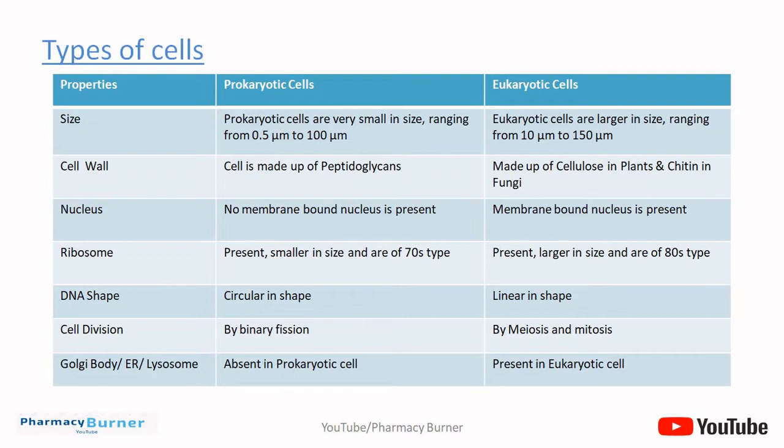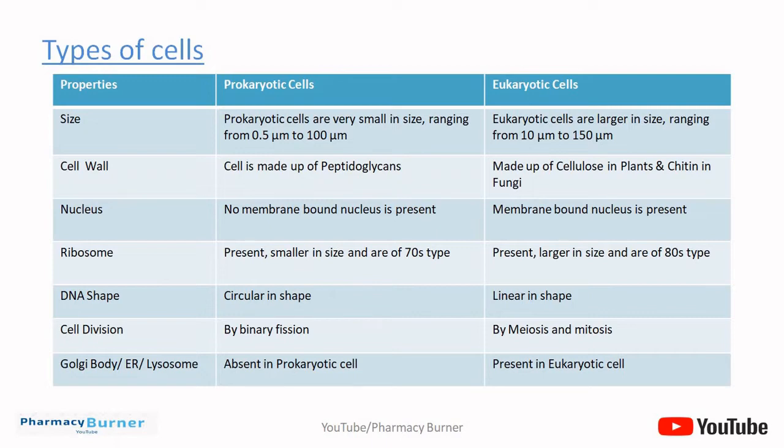Cell wall. The cell wall is made up of peptidoglycan in prokaryotic cells, while in eukaryotic cells it is made up of cellulose in plants and chitin in fungi. Chitin is a chemical component.